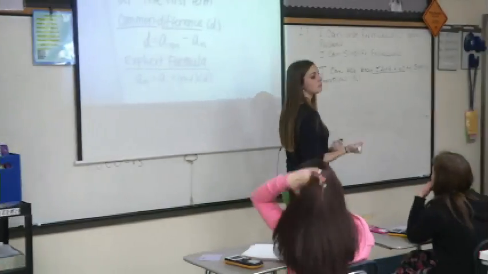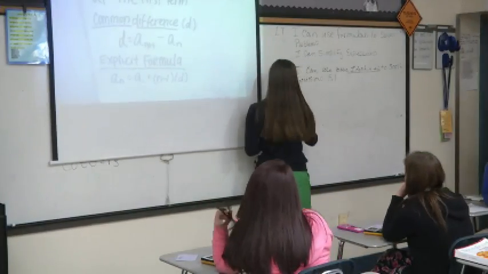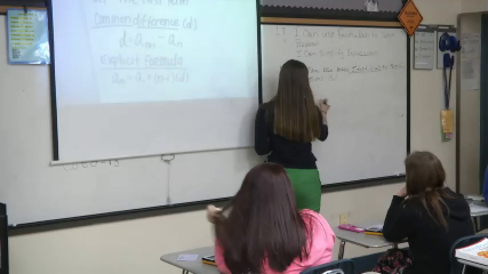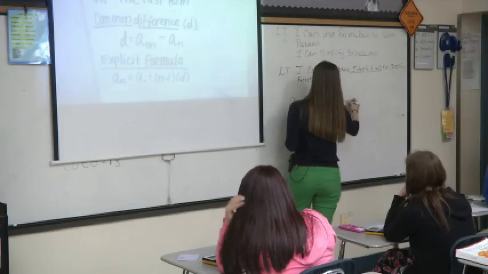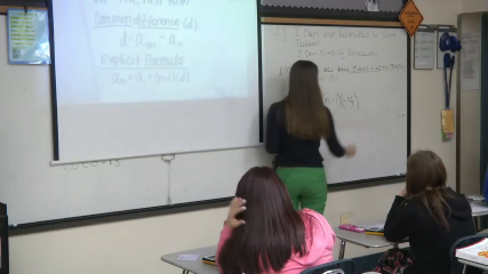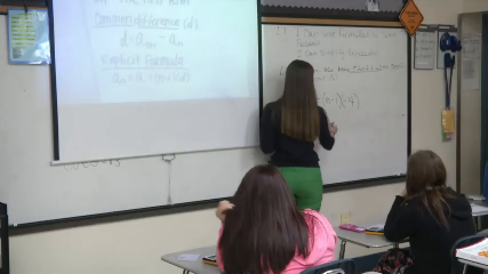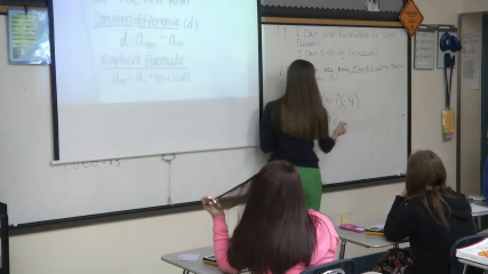All right, what's your problem? A sub n equals 8 plus n minus 1 in parentheses times -4. And then what is the 10th term?